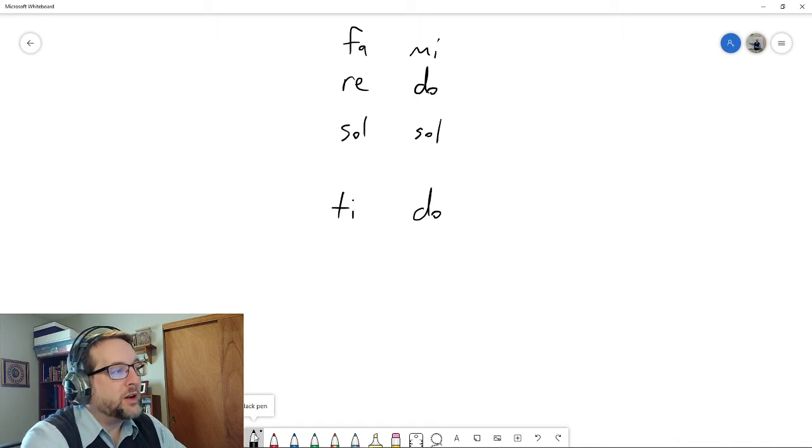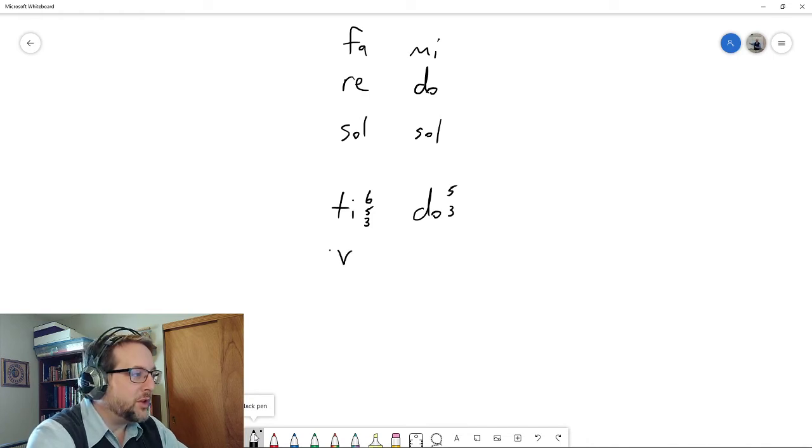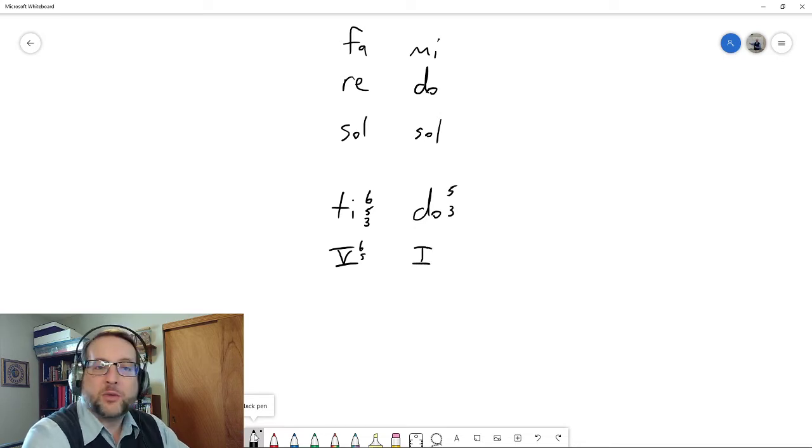If you count up all the intervals, Ti to Re is a third, Ti to Fa is a diminished fifth, a false fifth. Ti to Sol is a sixth. This creates our Ti 6-5-3 chord, going to Do 5-3. Or Romanists, with their Roman numerals, would call this a V 6-5, going to a I. The Ti 6-5-3 will always resolve up by step to the Do 5-3.